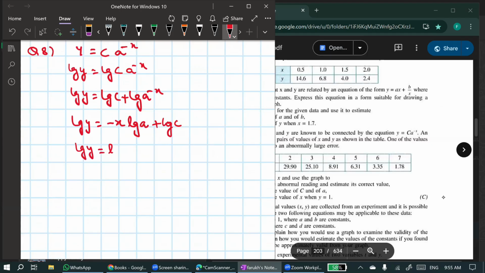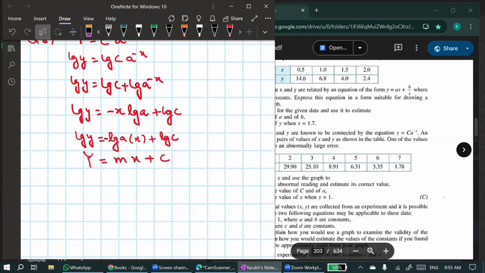LGY is equal to minus LGA into x plus LGC. Now you can see that this is y is equal to mx plus c. We have converted the equation into the linear form. Now gradient is equal to minus LGA and y-intercept is equal to LGC.